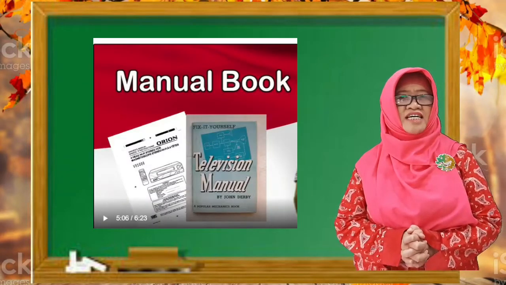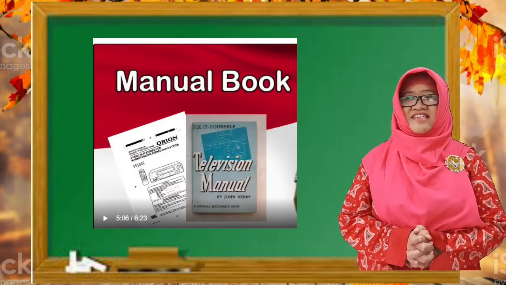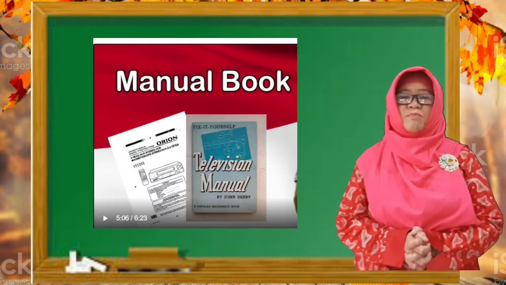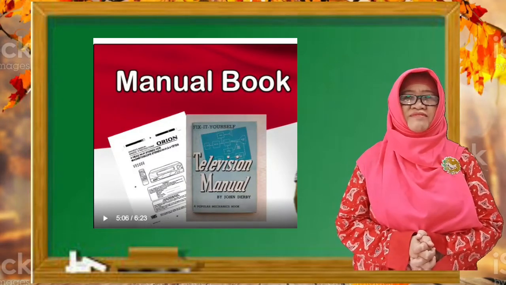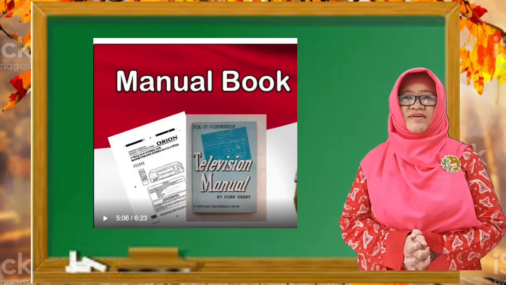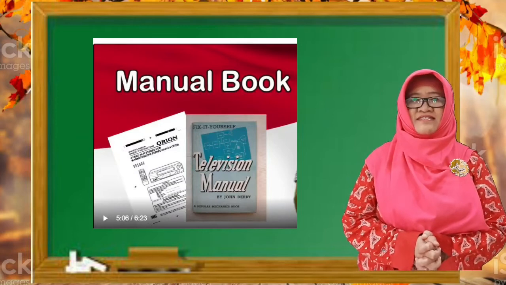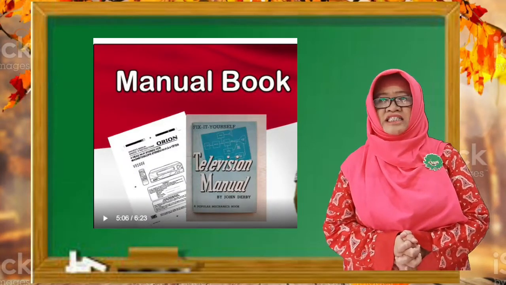Have you ever bought electronic stuff? Yes. Usually when we buy electronic stuff, we get a book called a manual. In that manual, we can find a procedure text about how to operate the electronic device.